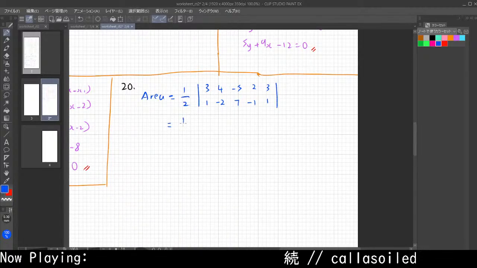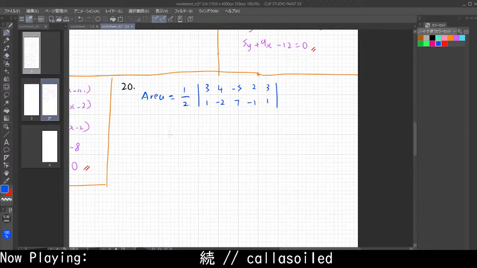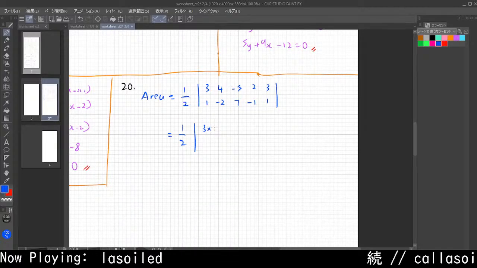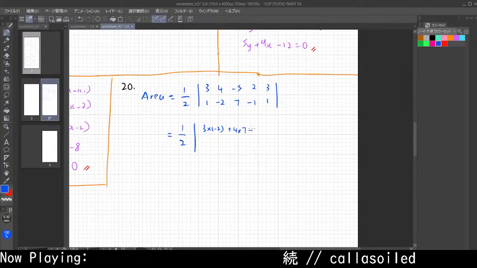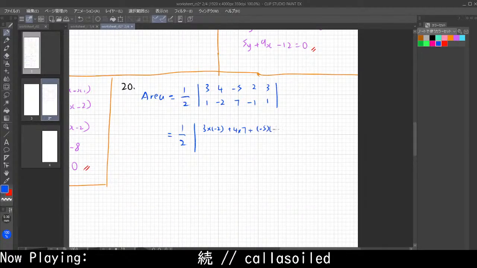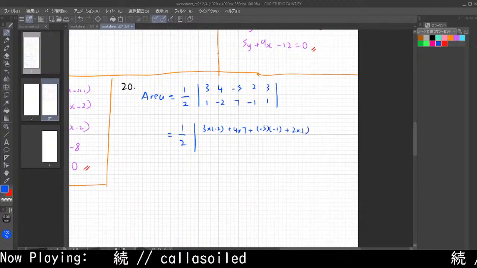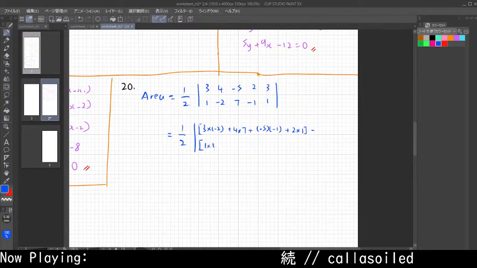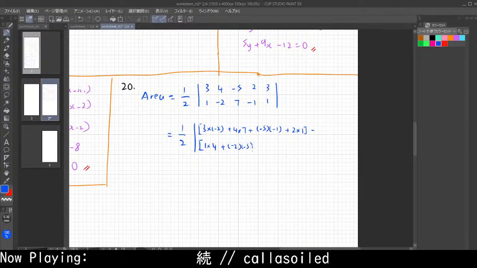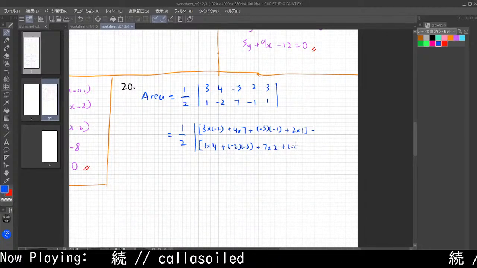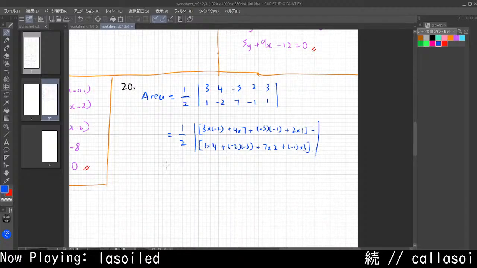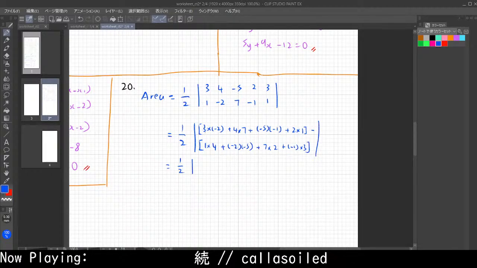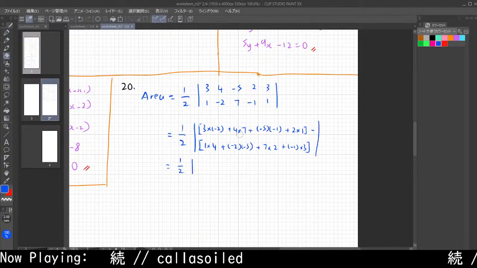Now, whether these would result in decimals or not is beyond me, because I definitely did not check for the answers. 3 times 2, negative 6, and you just put this into the calculator.